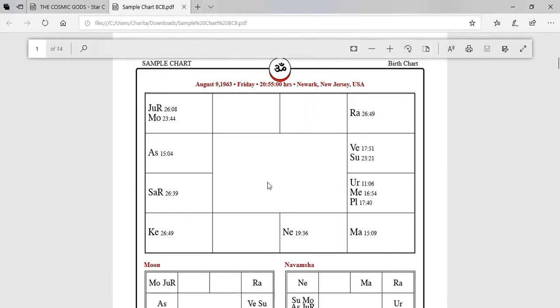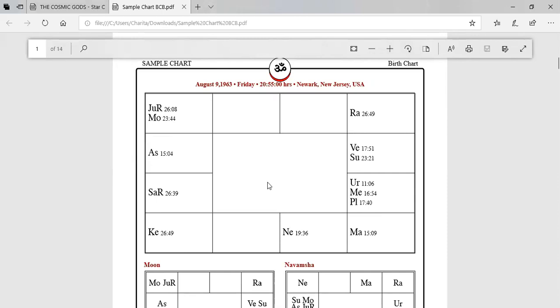In your cheat sheet, you have information on both North Indian charts and South Indian charts. Now, I personally use North Indian charts for my work, but for beginners, I have found that using the South Indian chart is much easier, okay?